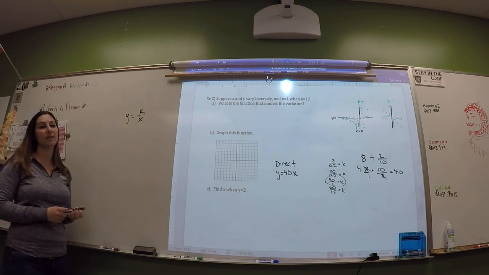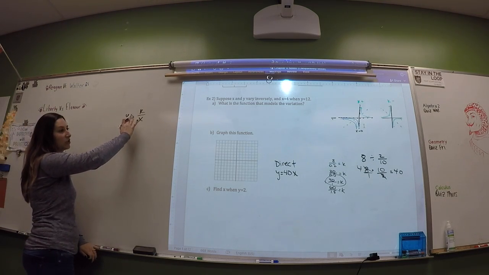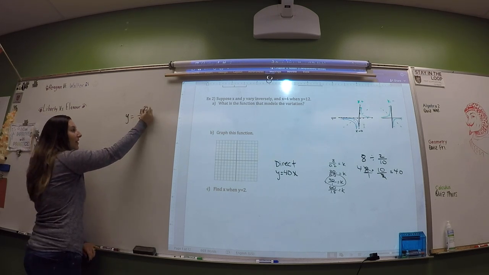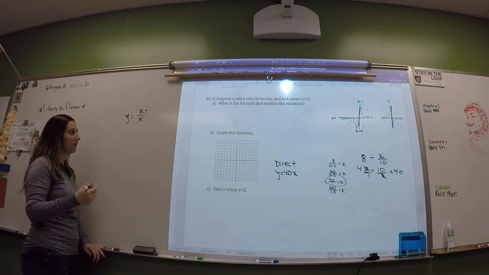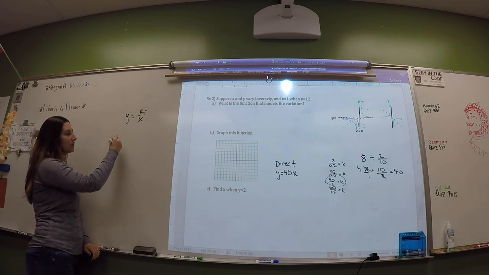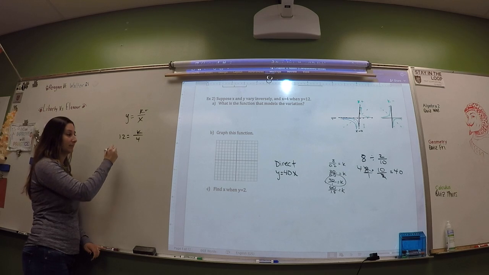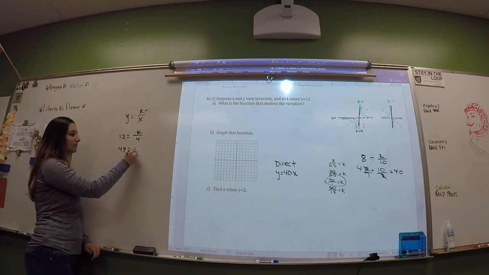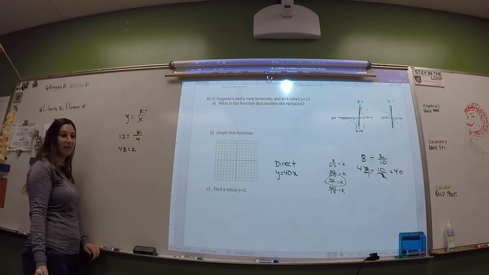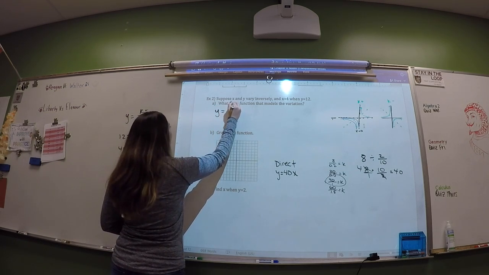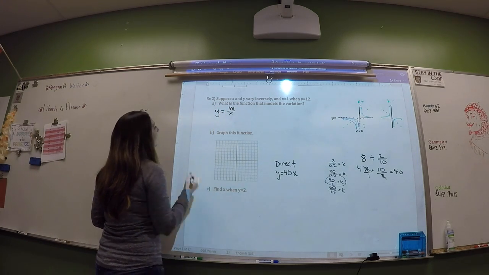You can find k a number of ways. This is what the function looks like. We're going to create a function that looks like this, but we're going to fill in k. If you want to find k, you can plug those numbers into this function and solve for k, and then we have y equals 48 over x.